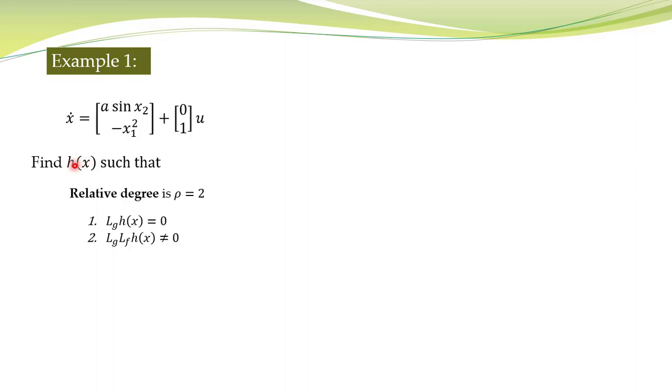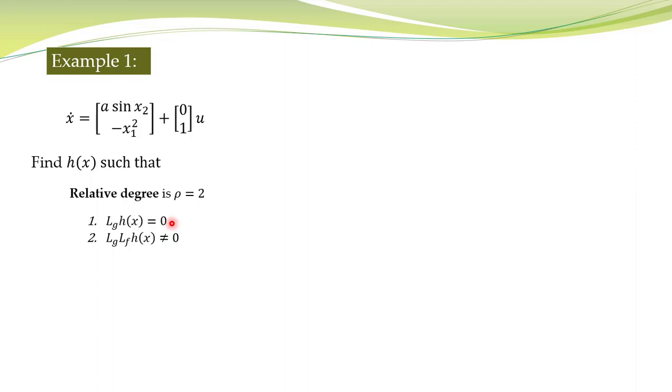So such an h of x exists, and we want to find such an h of x which has a relative degree equal to 2. Relative degree equal to 2 means this thing, that is Lg h of x is equal to 0 and Lg Lf h of x is not equal to 0. This is from the definition of relative degree.